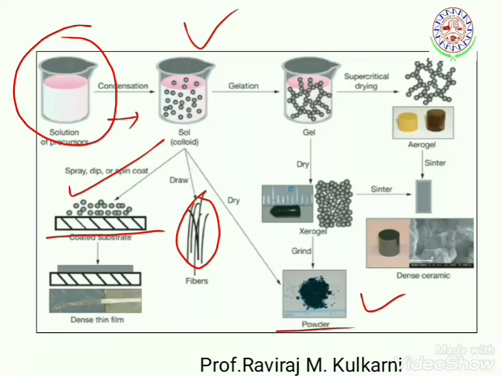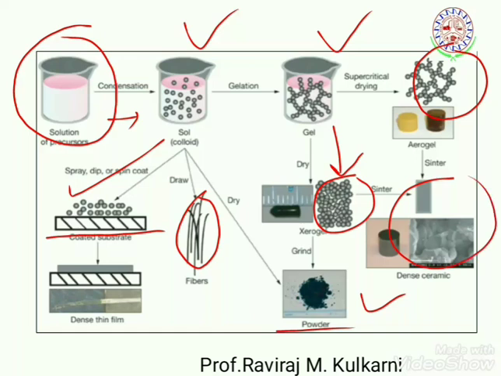You leave it for gelation, overnight or up to 7 days. You get gel. On normal drying, that is at room temperature, you get xerogel. With supercritical drying, you get aerogel. You sinter them, you get dense ceramic, or powder them, you get the nano powder. This is the process of sol gel.